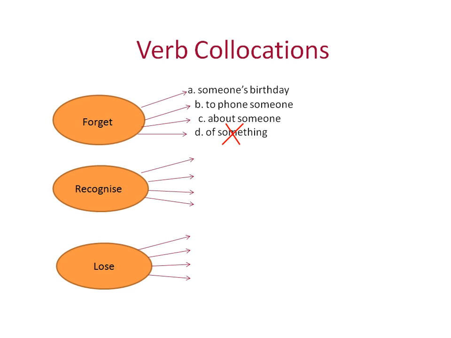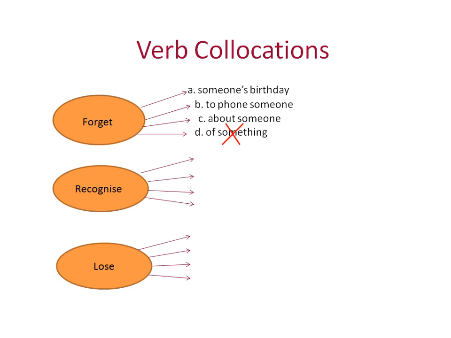If we delete the preposition of, we'll end up with the right choice. So forget something is correct. But if you keep of and say forget of something, this is wrong. So just delete of and you'll end up with the phrase forget something, which is correct.